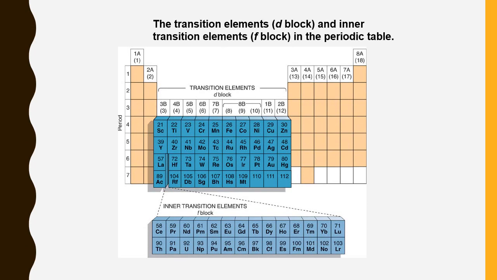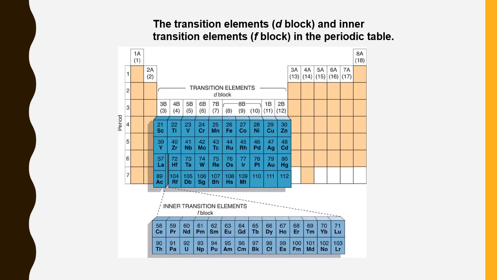In this slide, we can see the fourth row of D block elements. It starts from scandium to zinc, atomic number 21 to 30. Totally 10 elements are present in the fourth period, or row, we can say.